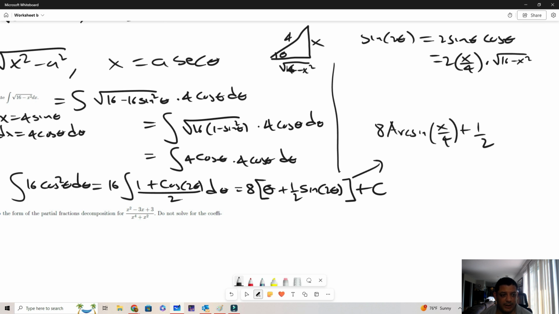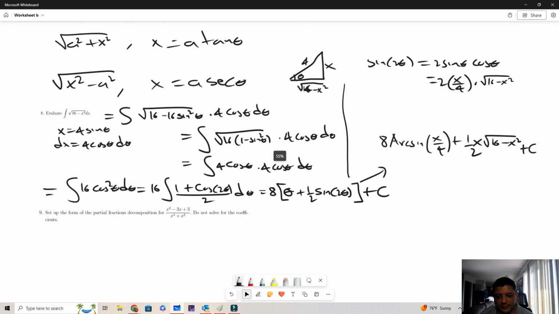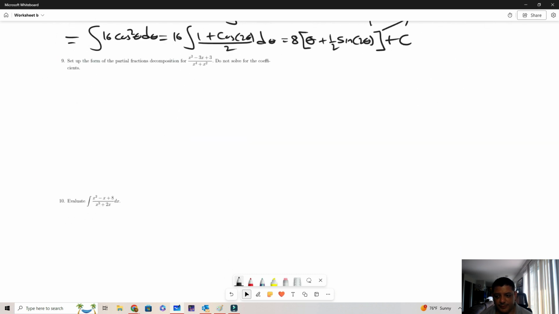So at the very end, this gives me 1/2 of x times the square root of 16 minus x squared, and that is plus c. And that is the final transformation of this to values of x. Remember, we always need to go back to the original value of x.